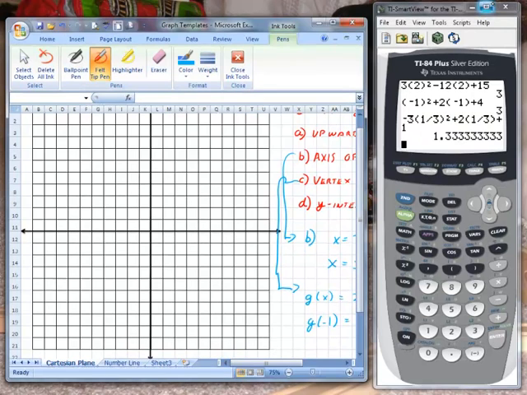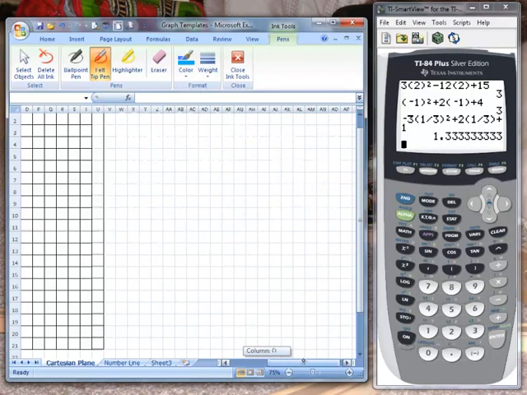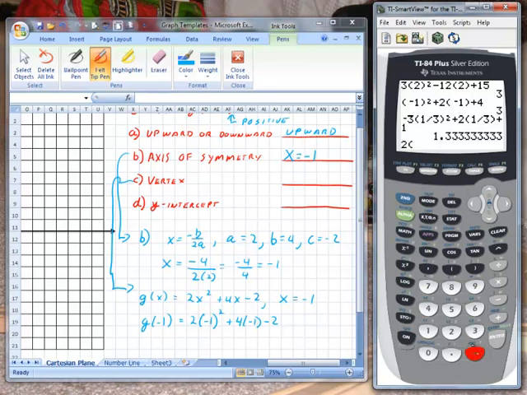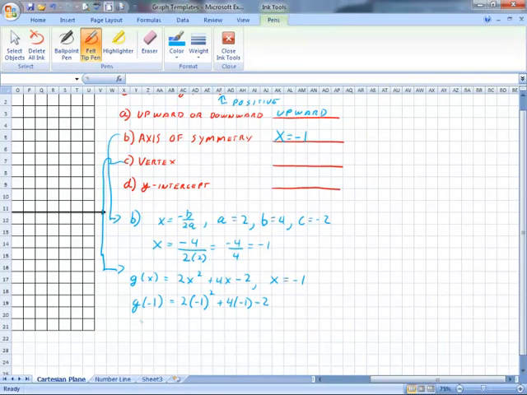When you plug that into the calculator, I get 2 times negative 1 squared plus 4 times negative 1 minus 2. I hit enter and I get that the y value is negative 4. So g of negative 1 is equal to negative 4. So now I have my vertex. The vertex is when x is equal to negative 1 and g is equal to negative 4.